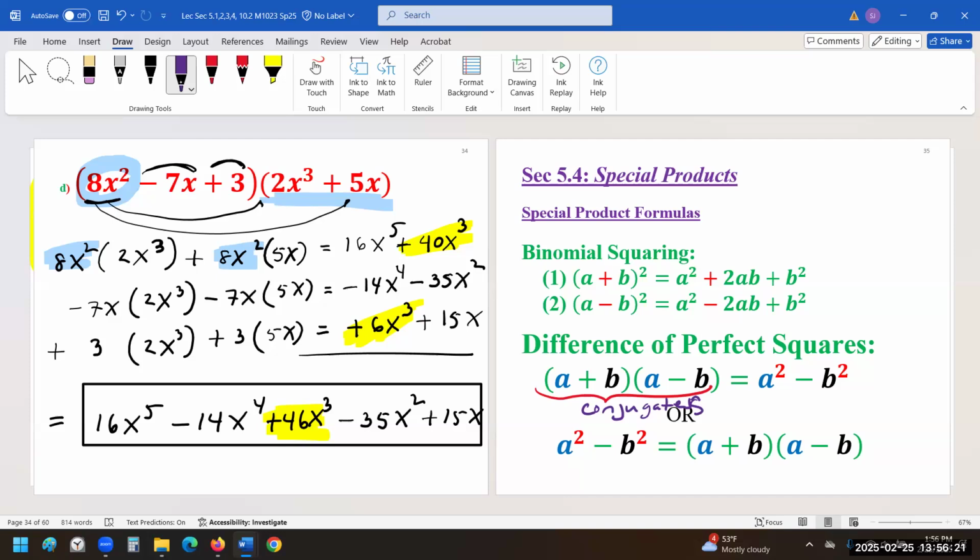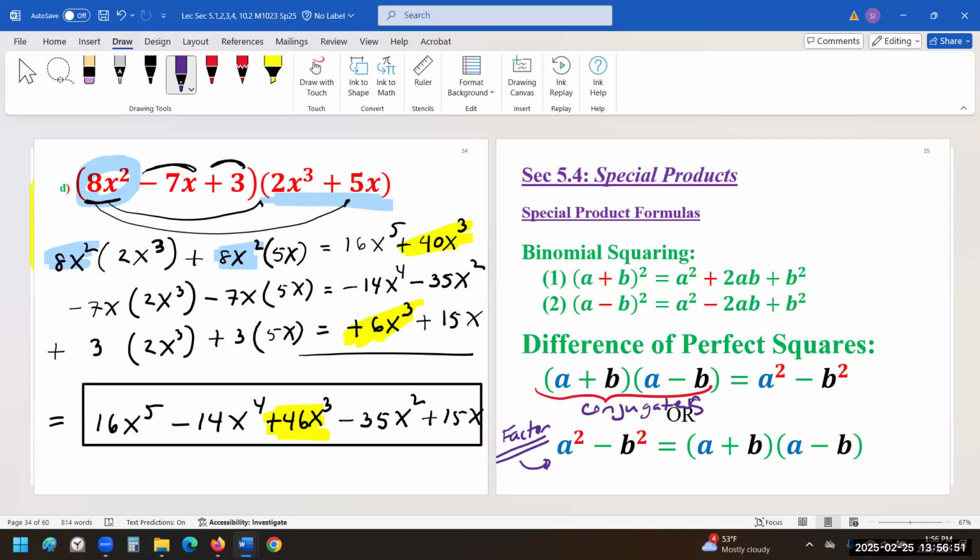And we can actually go backward. These are called difference of perfect squares. The second one is for chapter 6, when you're going to do factoring. When it says factor difference of perfect squares, you take the bases, you add them, you subtract them.